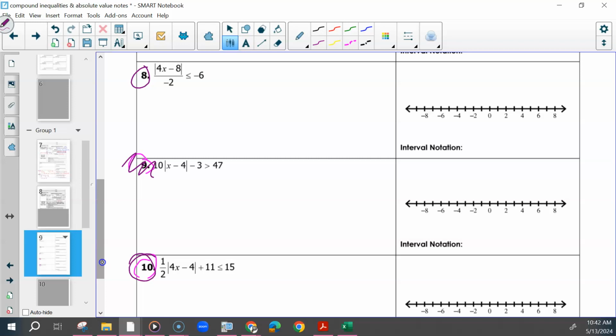Reminder, next class, I have to print out the review because I don't have it. But next class, you guys will get your review. We'll go over review questions, then you guys are quizzing. And then on Friday, we're going over the quiz and you guys are taking the test on these 2 things, today and last class.